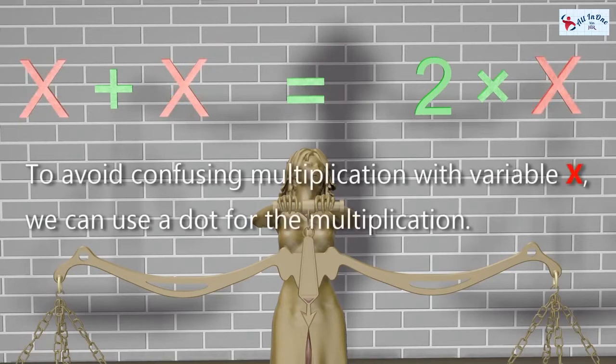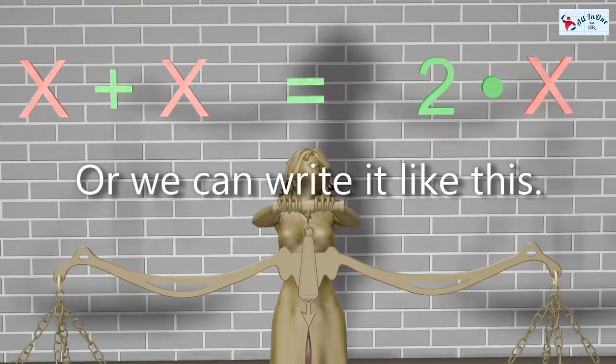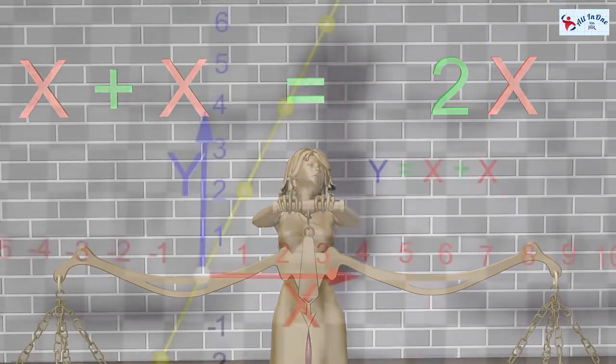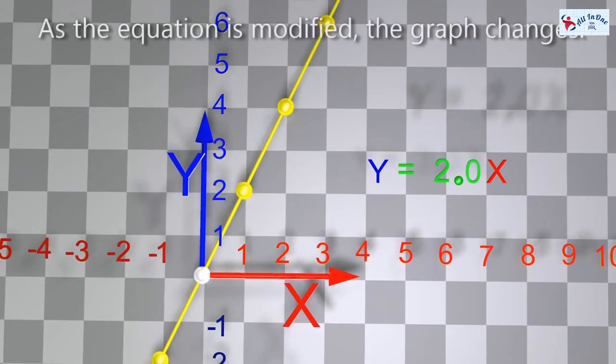To avoid confusing multiplication with variable x, we can use a dot for the multiplication. Or we can write it like this. As the equation is modified, the graph changes.